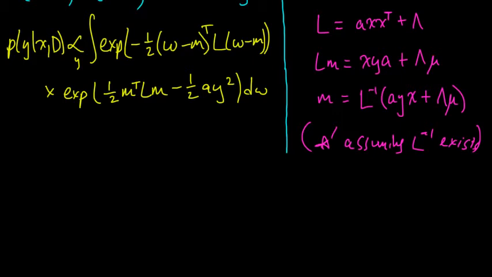Now, this is proportional to a normal. We can go ahead and plop in the normalizing constant for the Gaussian distribution over W. And since it doesn't depend on W or little y, it just depends on this capital L, and L does not depend on little y.